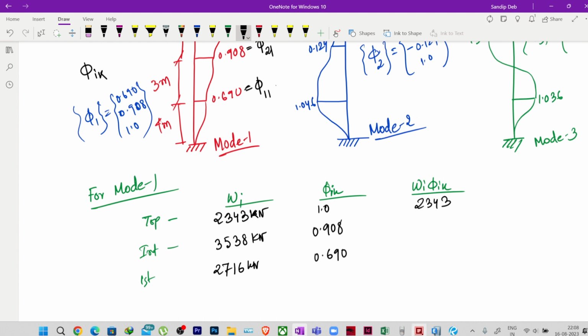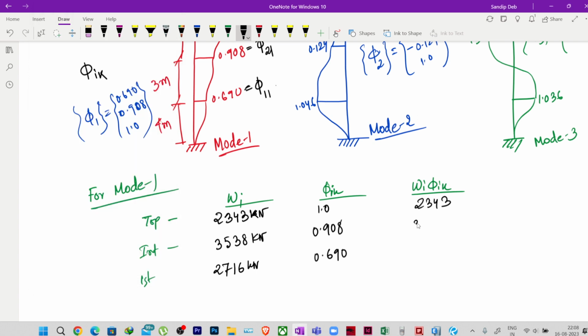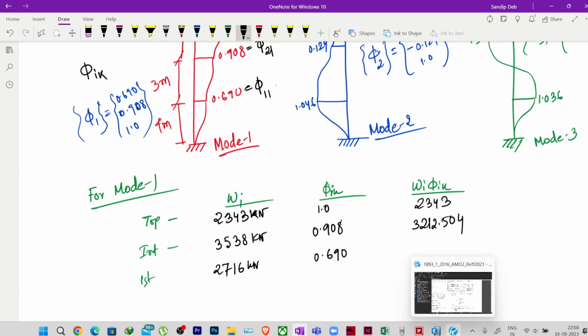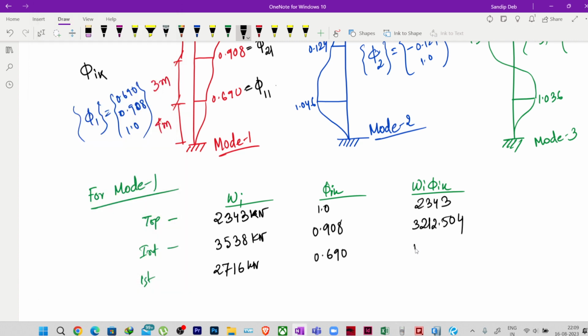Then 3538 multiplied by 0.908, which is 3212.504. And the other one, 2716 multiplied by 0.690, which is 1874.04. So this is Wi phi ik.